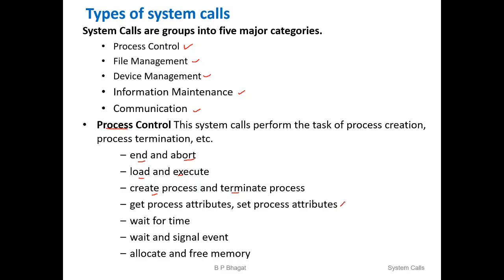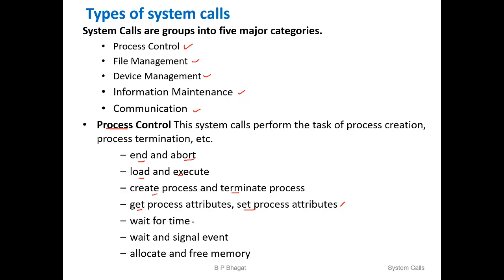Now, if we create a new process or a set of processes, then we need to control its execution. This control requires us to determine and reset the attributes of processes, like process priority, its maximum execution time, and so on. And to do this, we use the system calls get process attributes and set process attributes.